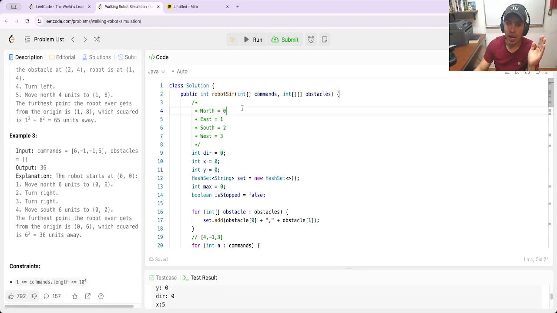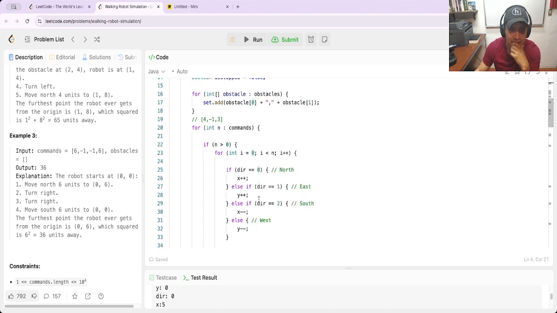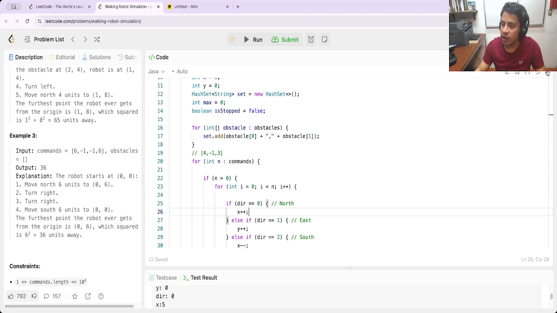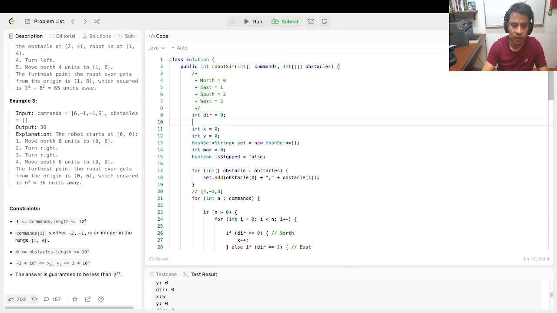But if you handle, for example, all the time x and y as an array and only update the value, in any moment can switch. But okay, I would like to try using this and replace this for directions.